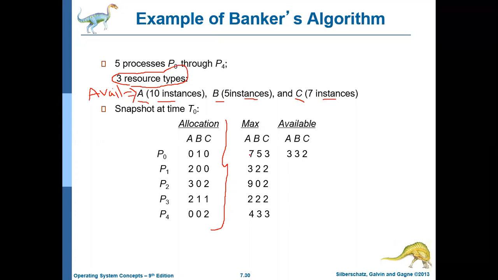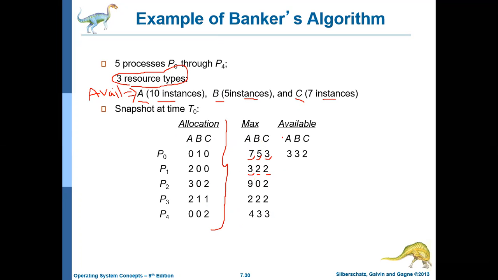So P0 will require a maximum of 7 instances of resource A, 5 instances of resource B, and 3 instances of resource C. And P1 will require a maximum of 3 instances of resource A, 2 instances of resource B, and 2 instances of resource C. That's what this max matrix says. We know already max is a matrix, allocation is a matrix.